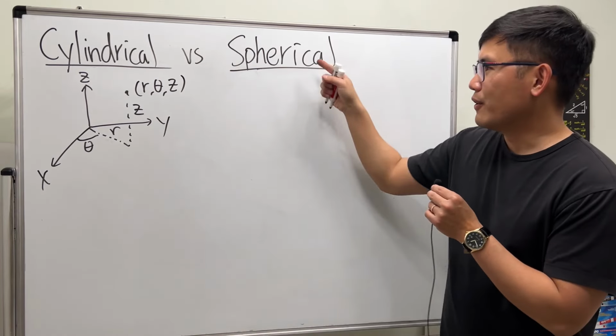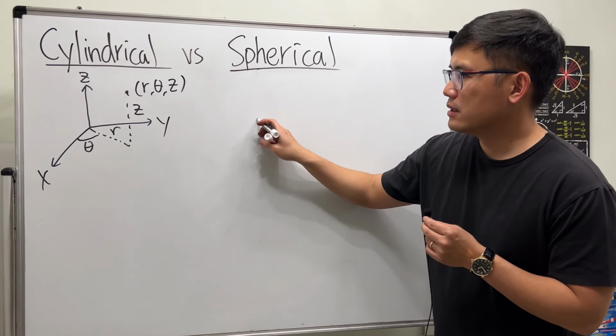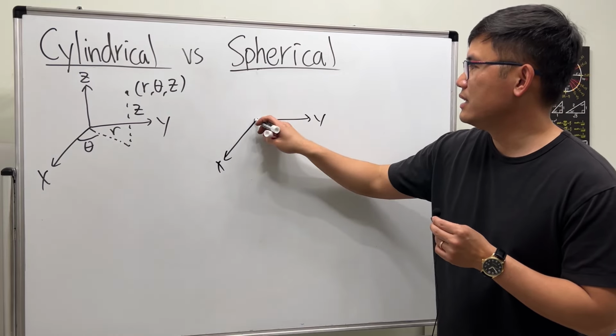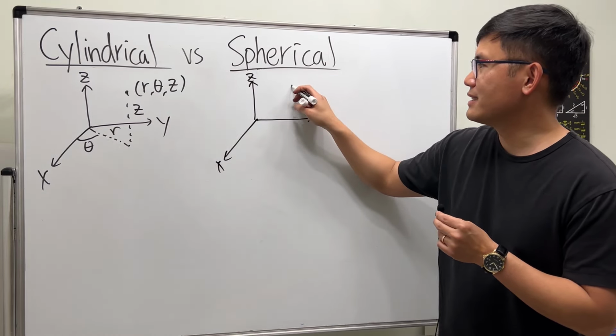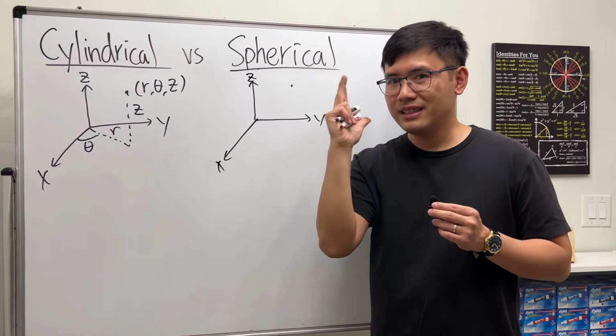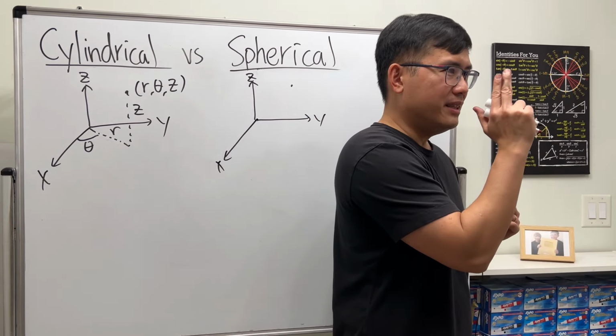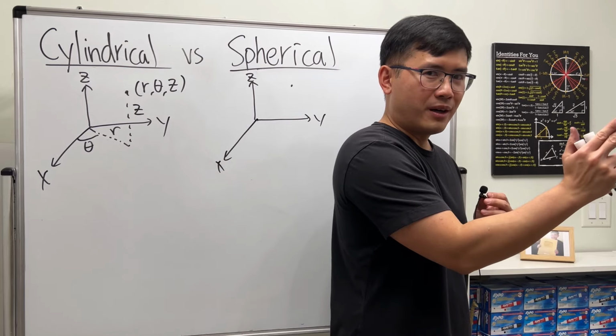Now for spherical, so again, x, y, z, and a point in the space. I will have to rotate my body, and the second thing is I have to rotate my arm.